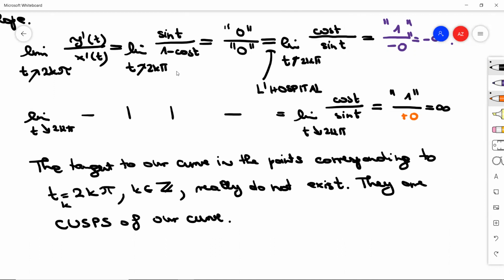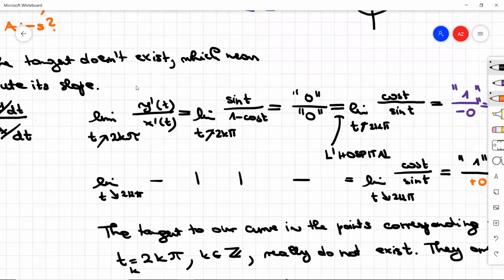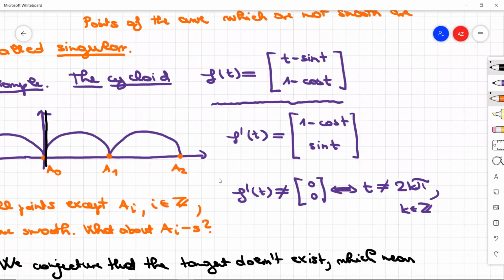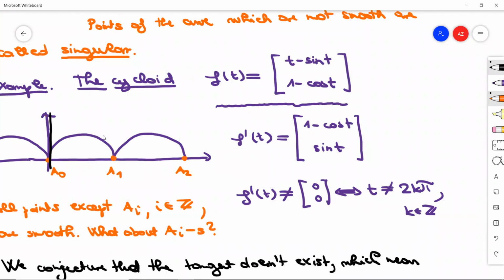So the velocity vector should change from minus infinity to infinity instantly, which is not possible. So there won't exist any parameterization where the velocity could go to infinity, but then jump to minus infinity. So it cannot be done smoothly. There won't be a parameterization where we could do this change in velocity vector smoothly.